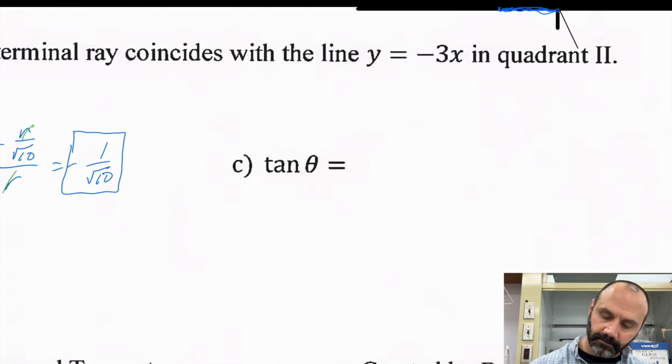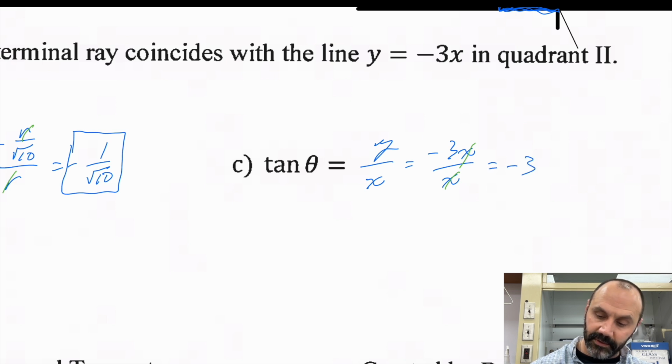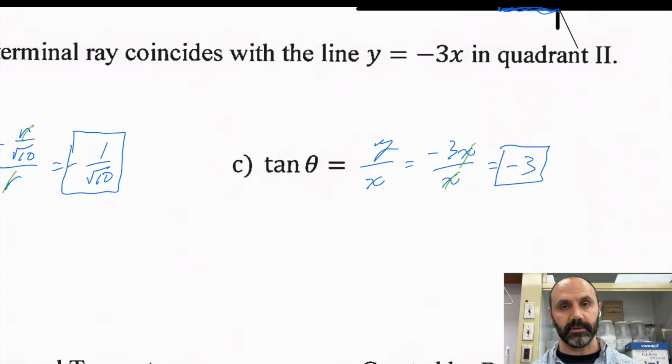And then tangent is y over x. Well, y is just negative 3x. And we can see right away the x's cancel out, and we end up with negative 3. It is the slope. Tangent of theta is the slope of the line, right? Rise over run, opposite over adjacent, same thing. So it all ties together, right? Everything fits together. It's beautiful. It's part of the beauty of math.